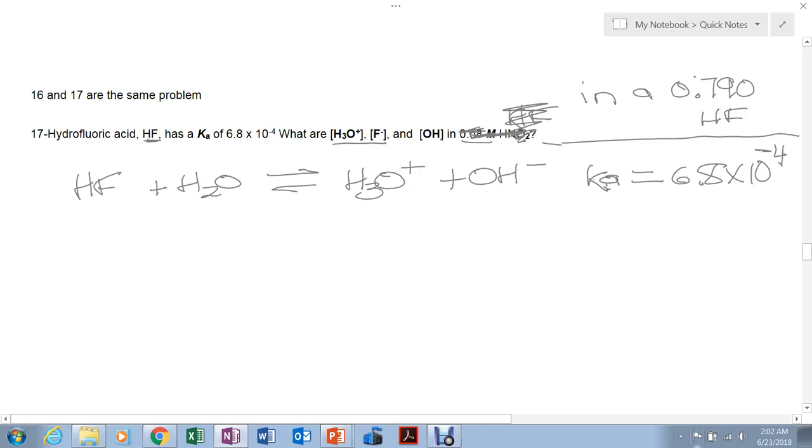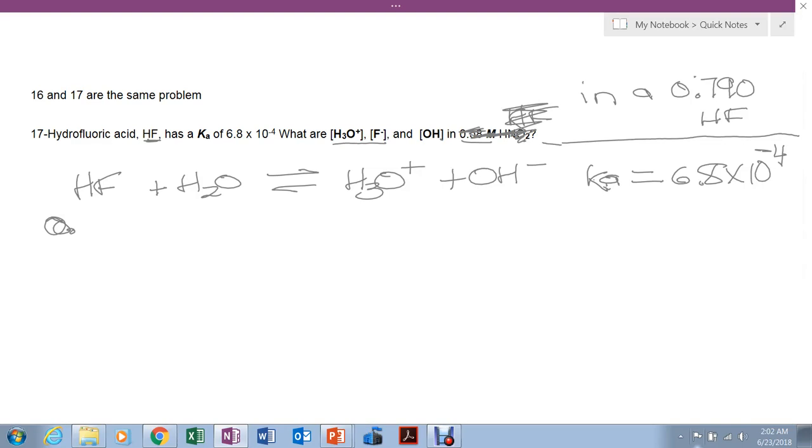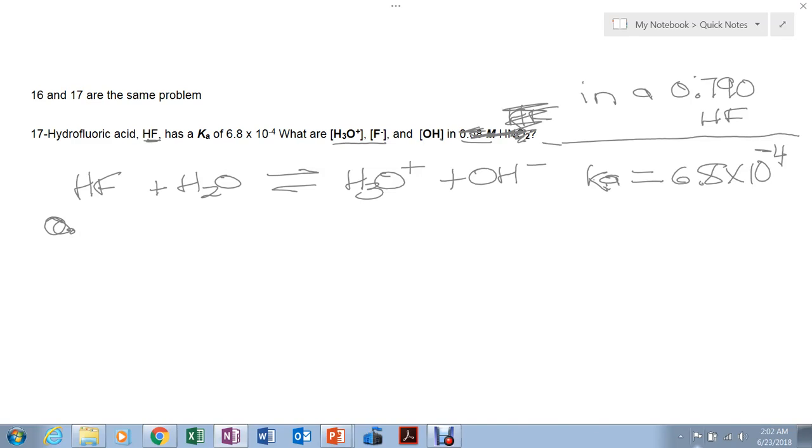The initial concentration here is 0.790, and here you got nothing, right? 0 and 0, not yet.